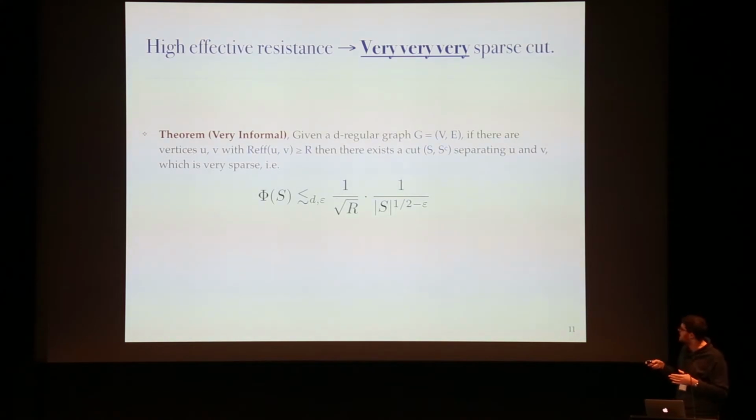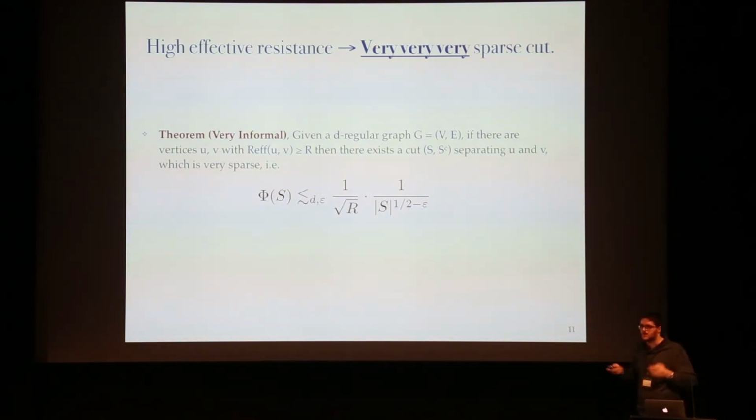The sparsity of the cut is essentially 1 over the square root of the size of the small side of this cut. And if you just keep along those cuts, you can get the decomposition from before. And finding those cuts is very simple, it turns out. You can do that just by solving a Laplacian system.